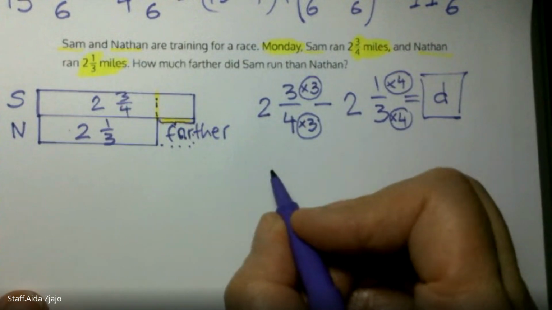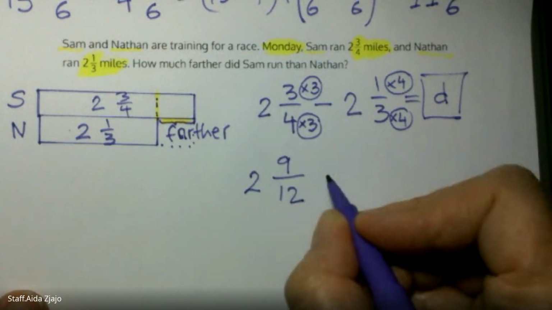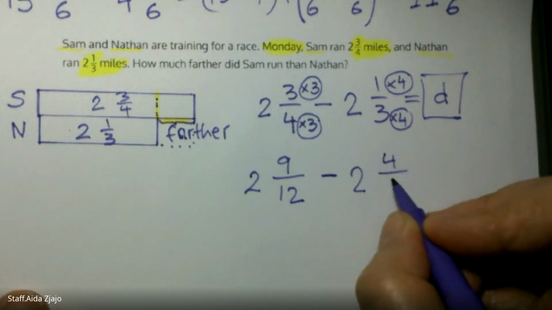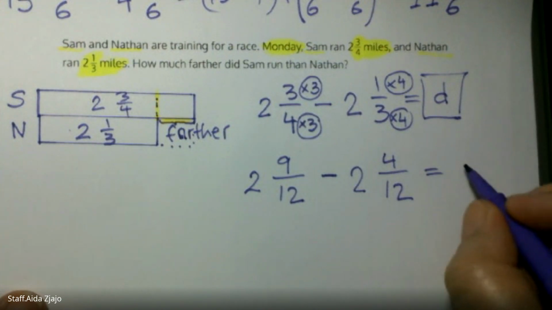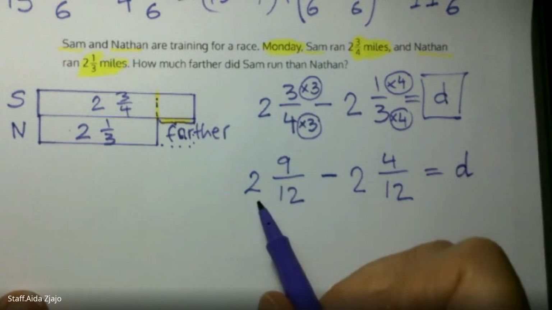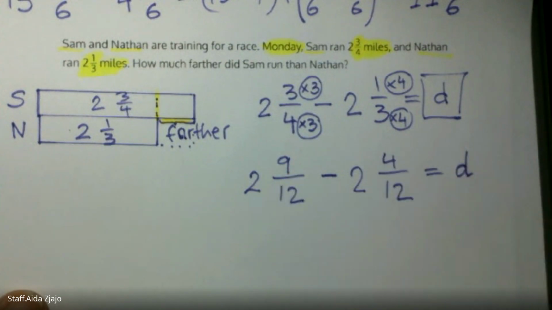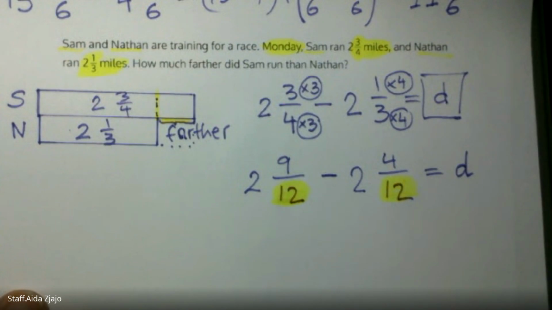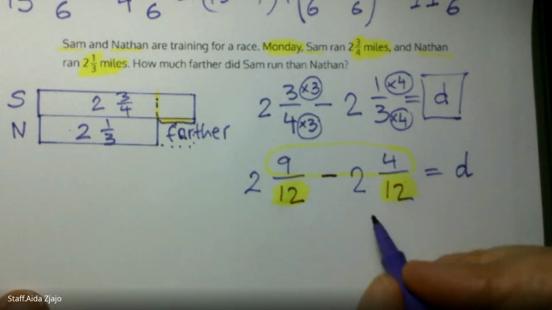So now 2 3/4 will become 2 9/12 minus 2 4/12, which will give us the difference, or how much farther Sam ran. 2 wholes minus 2 wholes is 0, and because now the pieces are the same size, both twelfths, we can subtract 9 minus 4, which gives us 5/12.